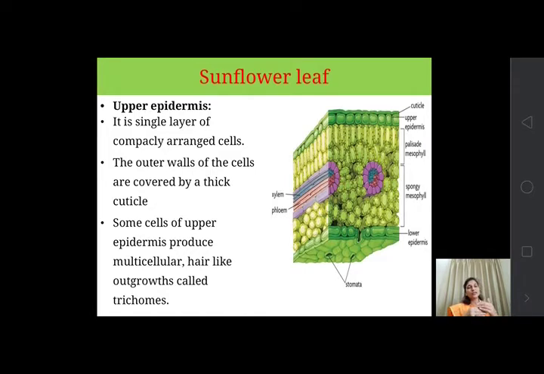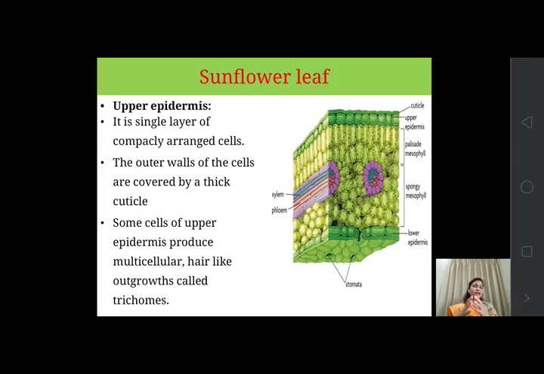Along with these compactly arranged cells, the outer cell wall of this epidermal tissue shows thickening, or there may be a deposition on the outer cell wall of the epidermal cells. So there may be a thickening of cutin material.